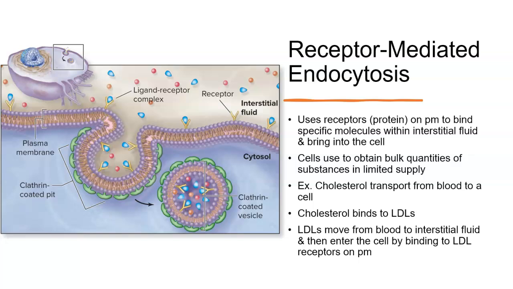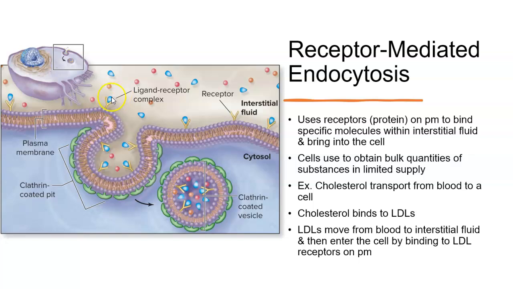So when cholesterol is in the blood, it's attached to a protein called a low-density lipoprotein. We commonly just call them LDLs. LDLs move from the blood into the interstitial fluid, and then they bind the LDL receptors on the cell's plasma membrane. Then those receptors activate the process that causes the cell membrane to encircle the ligand.